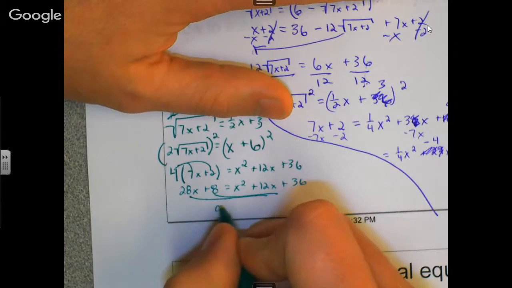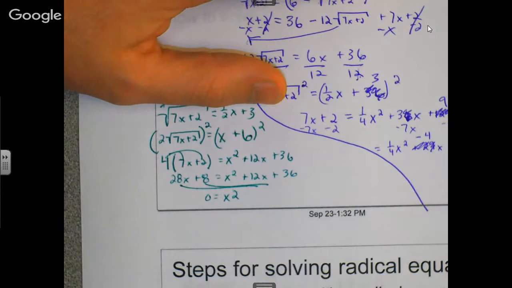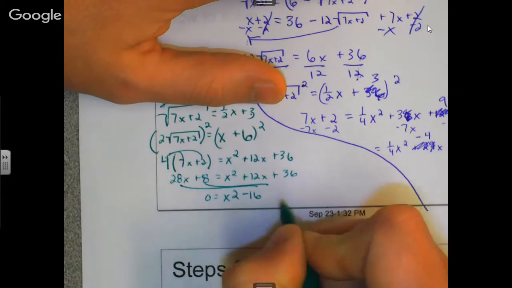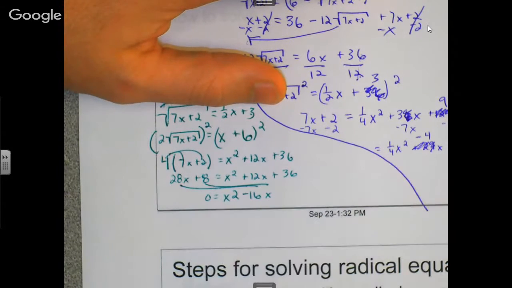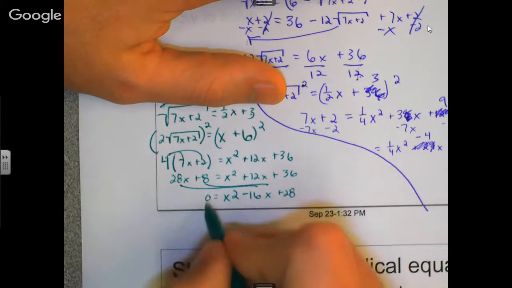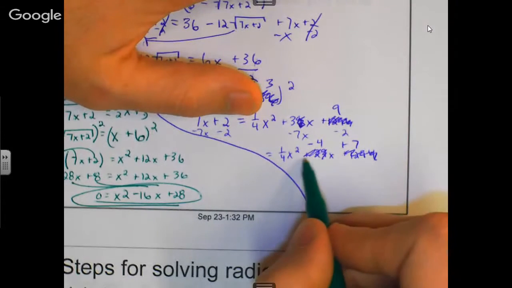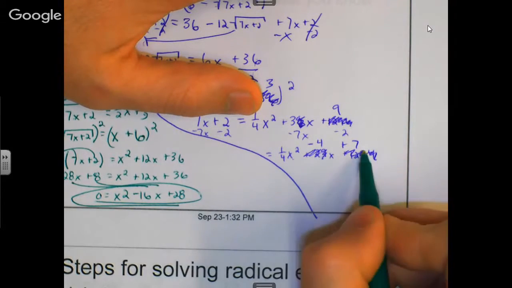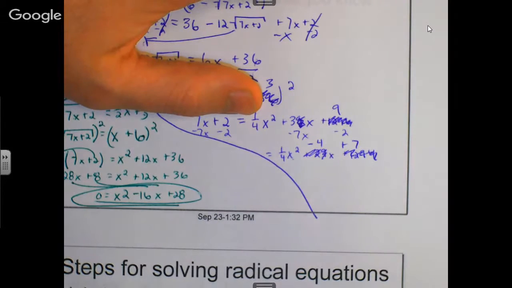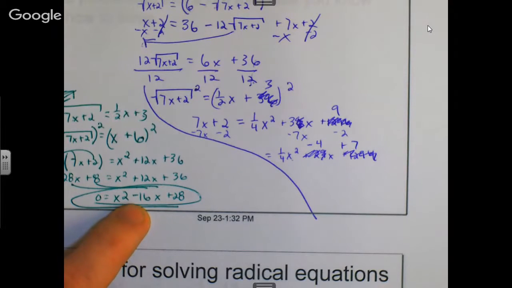So you have 0 equals x squared, 12 minus 28, negative 16x, and 36 minus 8, 28. Okay, so that is the exact same thing as this, kind of. If I multiply every one of these by 4, I get that. Okay, so we can take this and solve it, or this one.